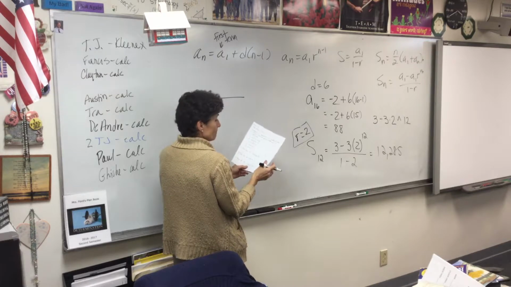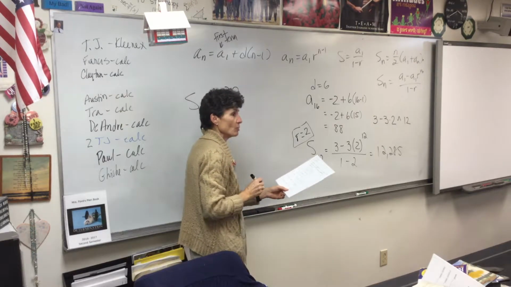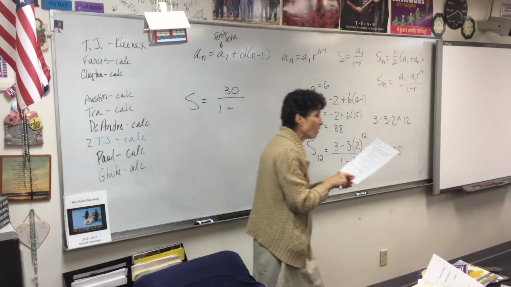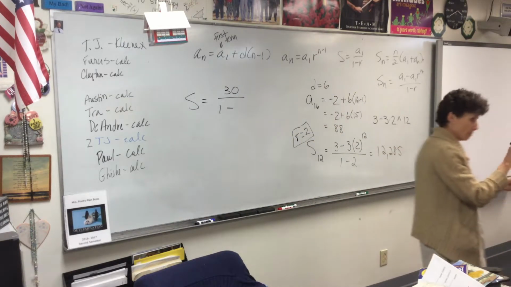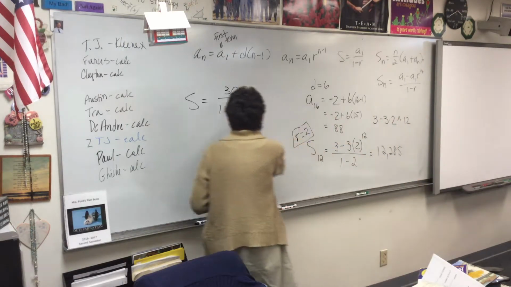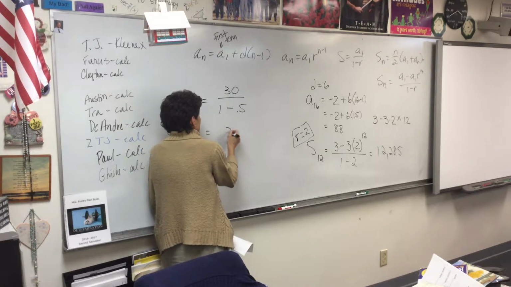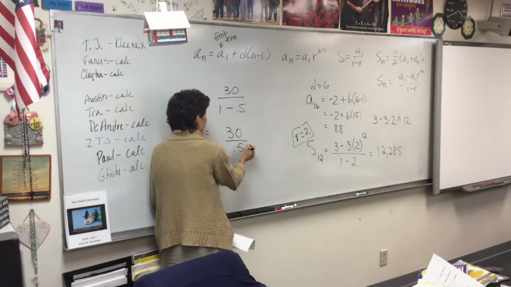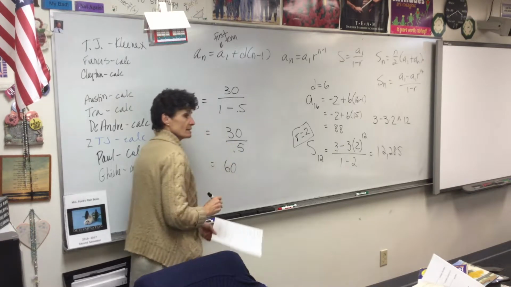What's A sub 1? 30, over 1 minus, now I need to know the ratio. What am I multiplying by to get from term to term? 1/2 or 0.5. So again, you can use decimals or fractions, whichever you prefer. So this is 30 divided by 0.5, which is 60. So your answer is 60.